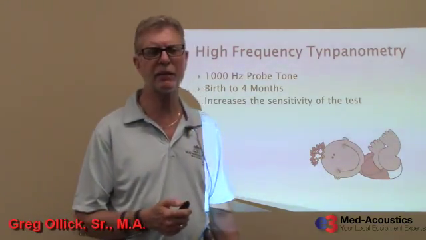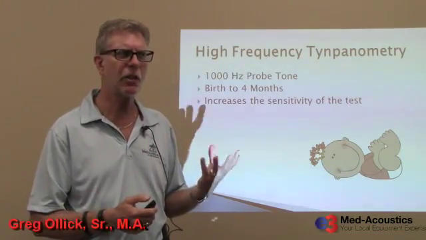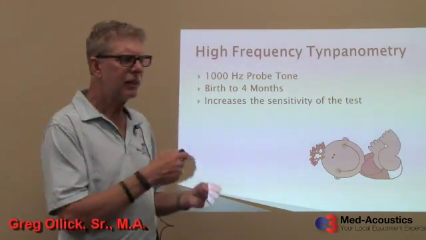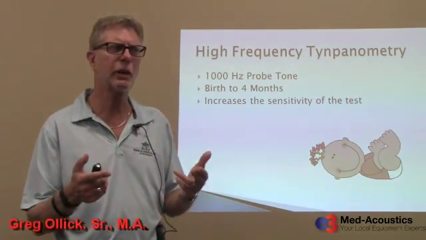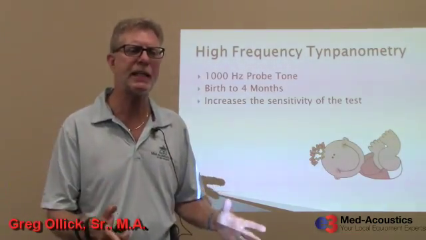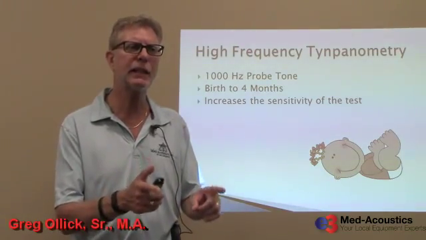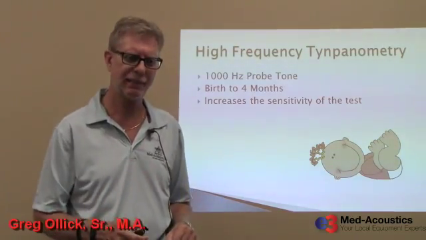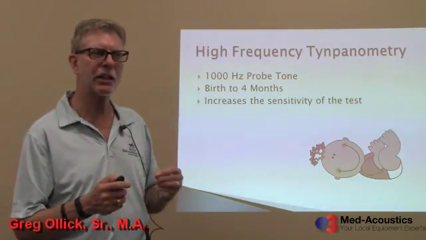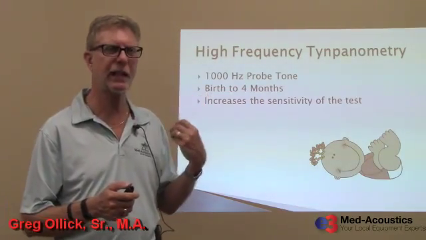It has been found that the ear canal in newborn infants is so compliant that at the standard 226 hertz, in studies, every single baby had a normal type A tympanogram, whether they had middle ear disease or not. Those are false negatives, and the reason was the compliance of the ear canal itself.